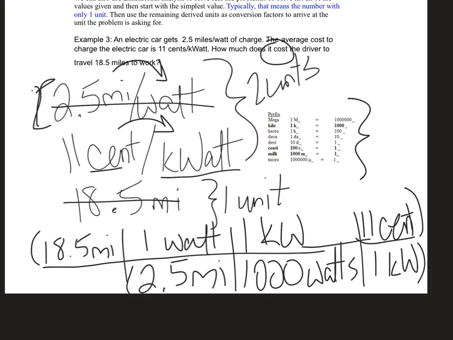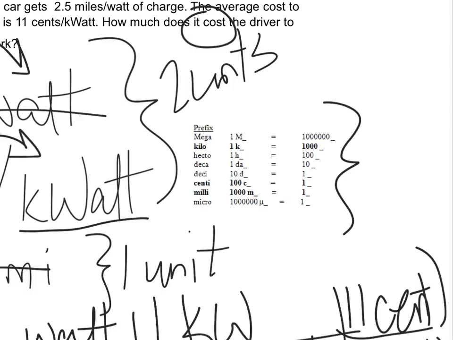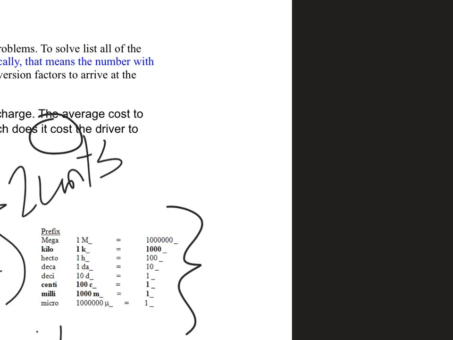So again, everything on top in a set of parentheses divided by everything on bottom in a set of parentheses. And you should end up with, I'm going to kind of fill it in over here because I'm out of space, 0.0814 cents.